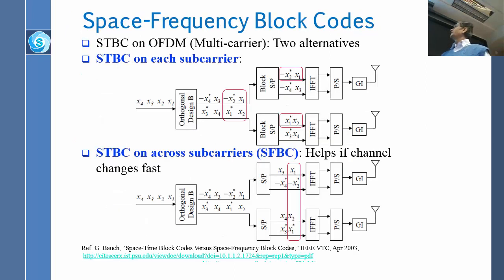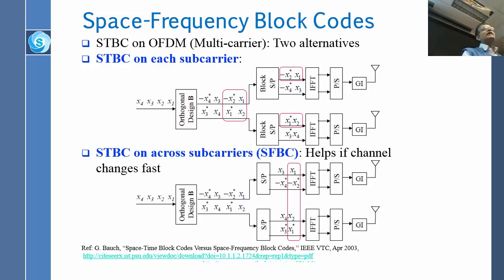Same thing here. You have 2 antennas and 4 subcarriers. You're still sending 4 symbols, but you will get much better results. So this is called SFBC, Space Frequency Block Code.